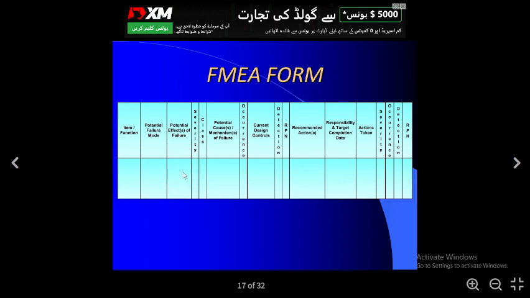Then if it fails, will that failure be very severe, or will its severity be medium or low? Potential causes and mechanisms of failure. You have to tell what could be the cause of that mechanism, or basically the causes and mechanisms of failure. What could be the potential causes of that system or component failing.